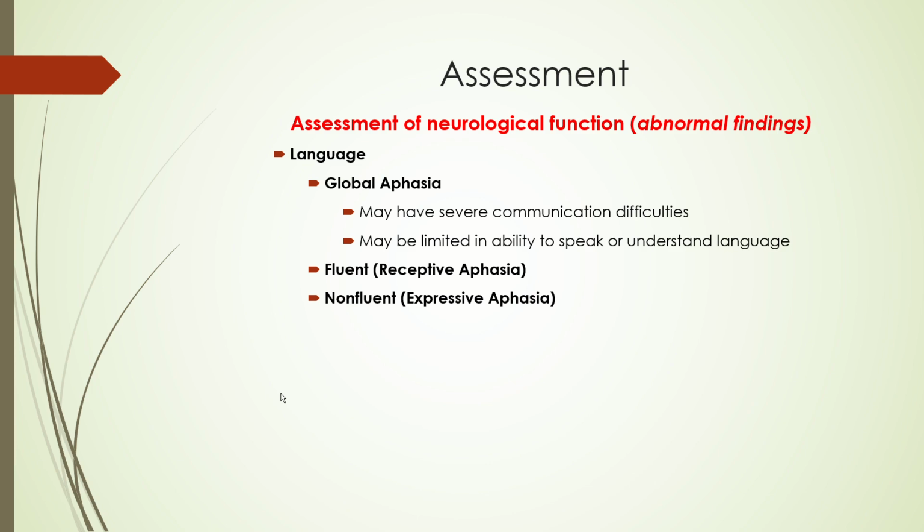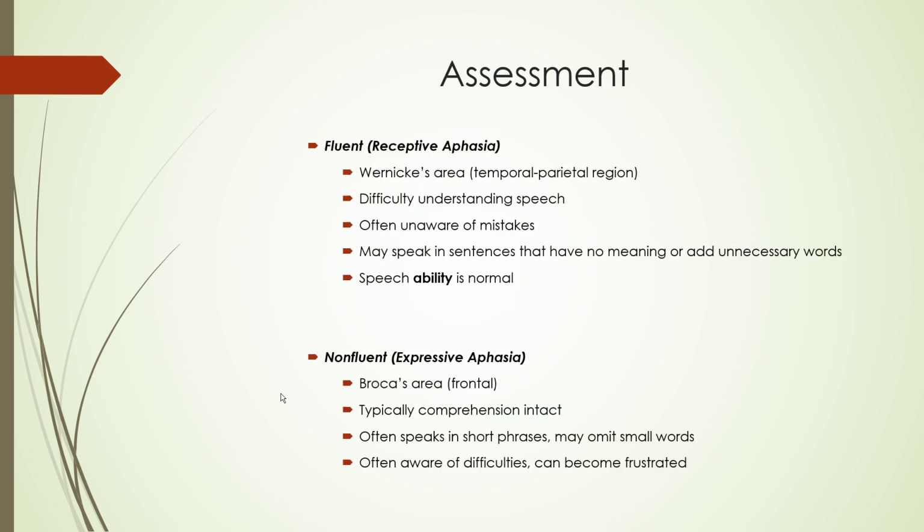And then we're going to talk about fluent or receptive aphasia, as well as non-fluent or expressive aphasia. Fluent or receptive aphasia involves a place in the brain called Wernicke's area, which is in the temporal and parietal region. The patients that have fluent or receptive aphasia have difficulty understanding speech. If you look at the name of receptive aphasia, it means that they are not receiving the information correctly, right?